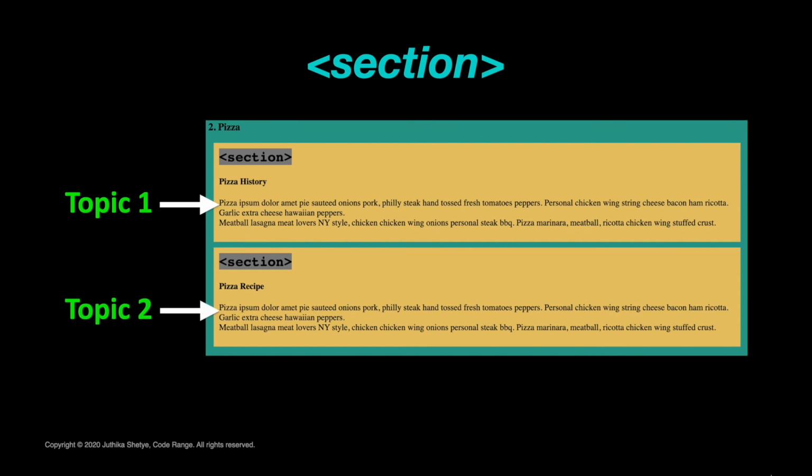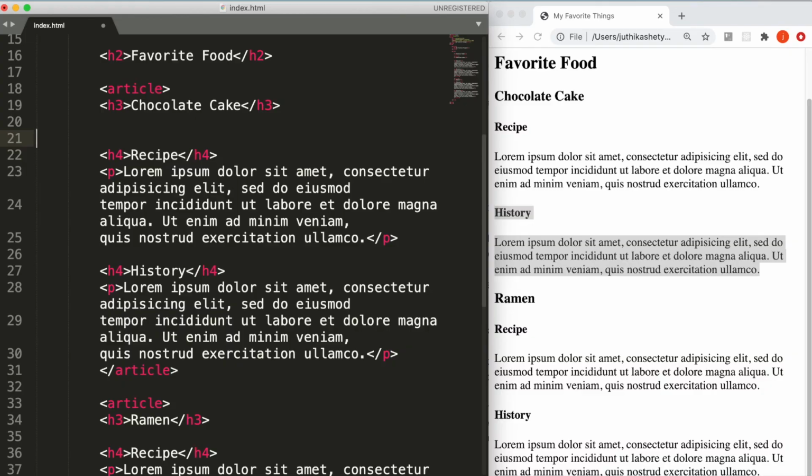Section is a flexible element. Usually, each section has its own headline marking the start of a new segment of content. So let me go ahead and put our recipes and histories, including their titles, in the section element.